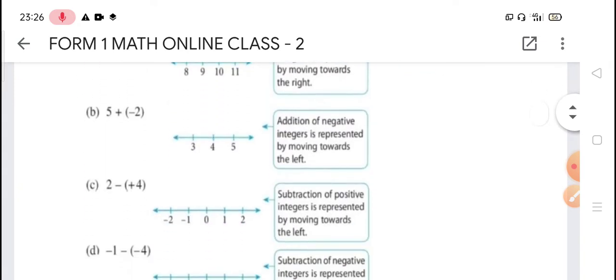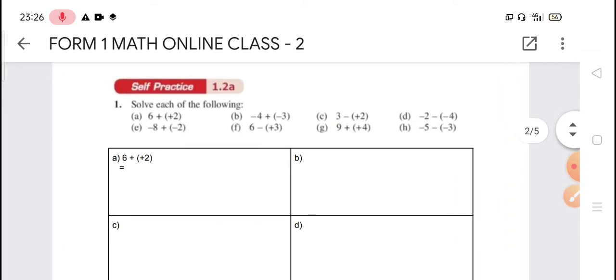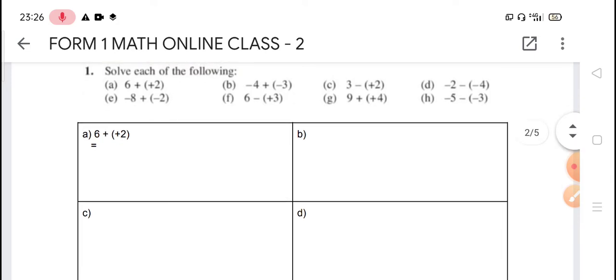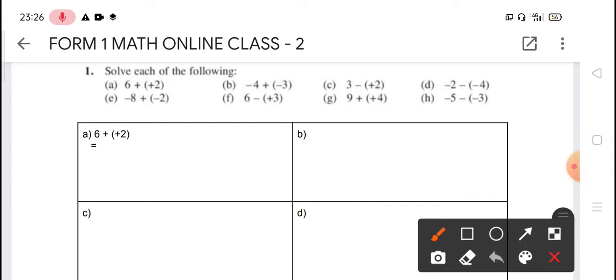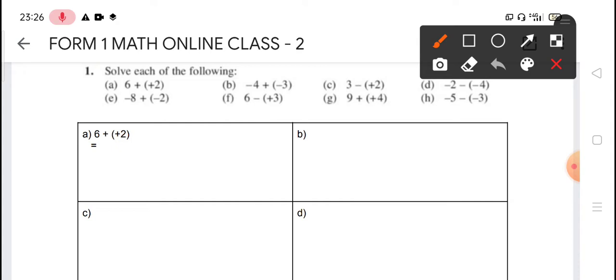Now we will discuss the first practice, which is 1.2a. Question 1, 6 plus positive 2. Based on the example that we discussed previously, we should use the number line to do it. Remember, on the number line we always start from the smallest on the left.